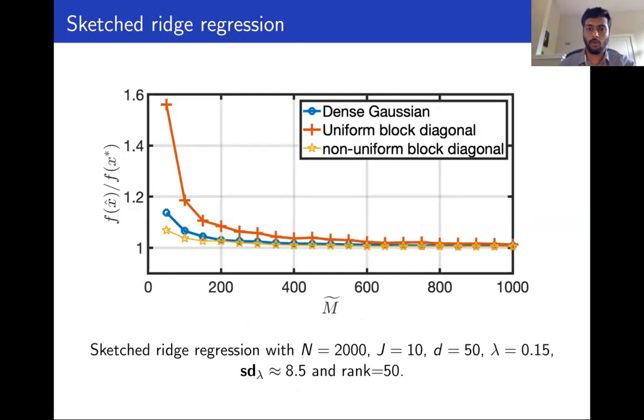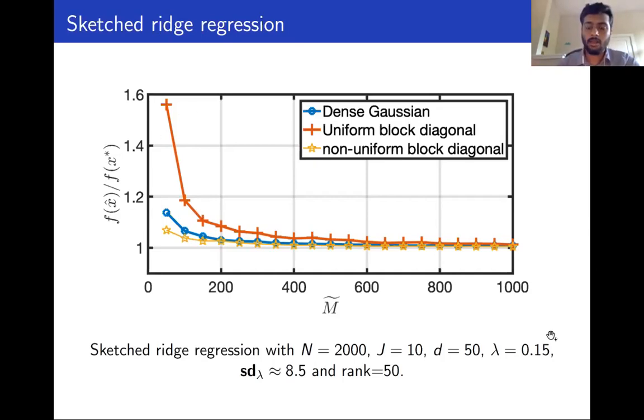Some simulations to show that our theory actually works. Here what I'm showing is the solution to a ridge regression problem, where the blue line is the relative error between the true solution and the sketch solution with a dense Gaussian sketching matrix. So the blue line is what can be done in an ideal situation where we don't have to do this localized sketching.